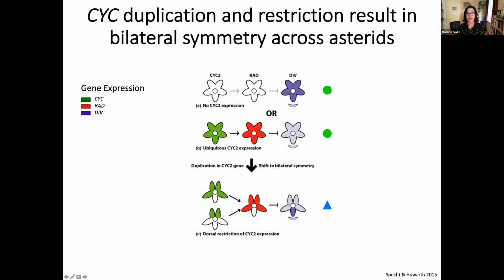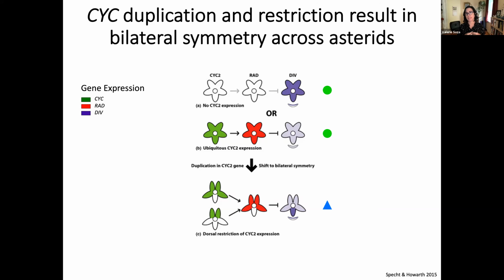And so this creates a bilaterally symmetric flower with dorsal petals that are different from the lateral and from the ventral petal.